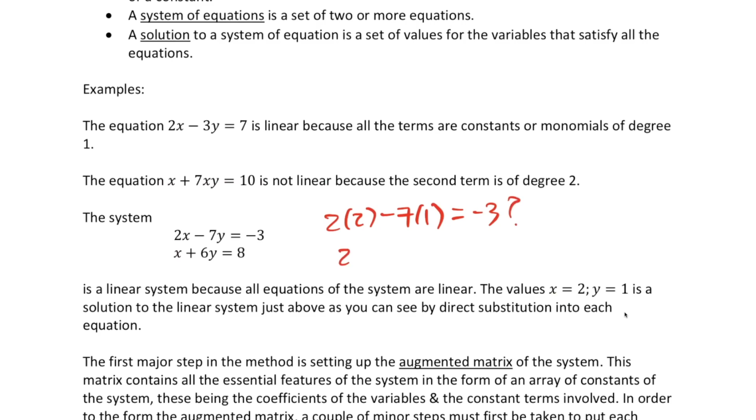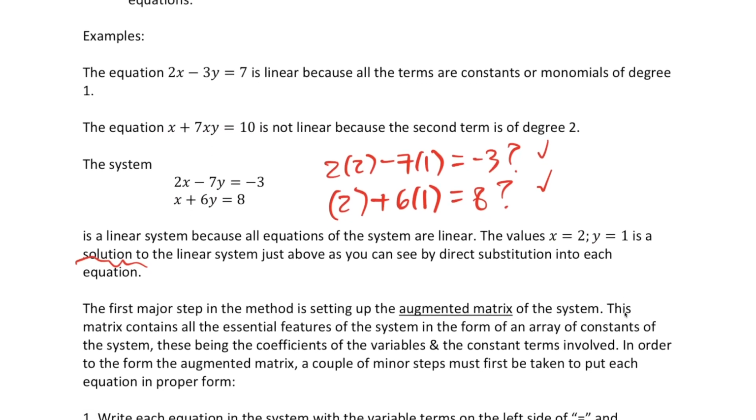And 2 plus 6 times 1 equals 8. That would be another question mark, and that would be true also. So x equals 2, y equals 1 satisfies both equations. So we would say x equals 2, y equals 1 is a solution to this system of linear equations.